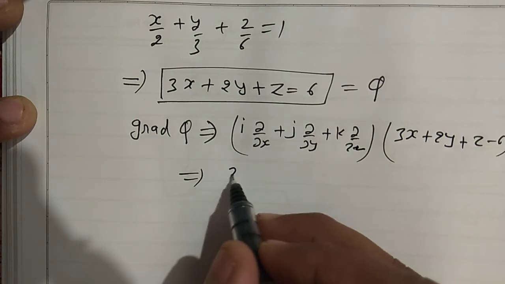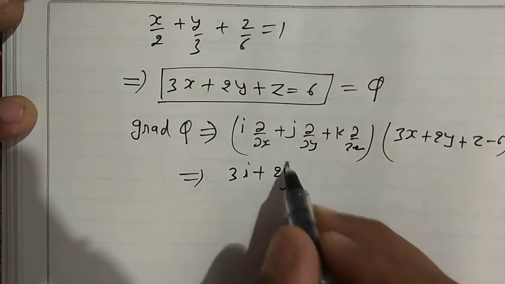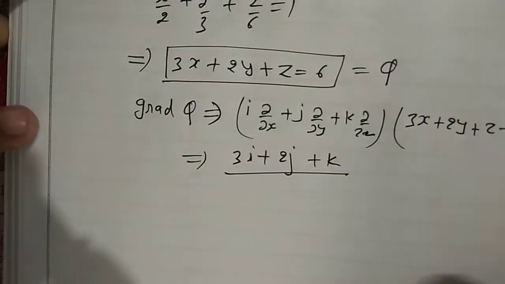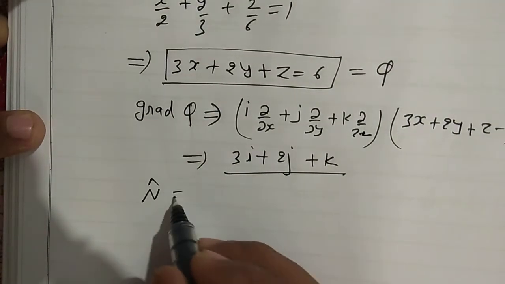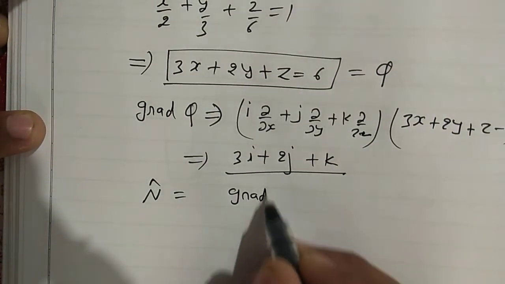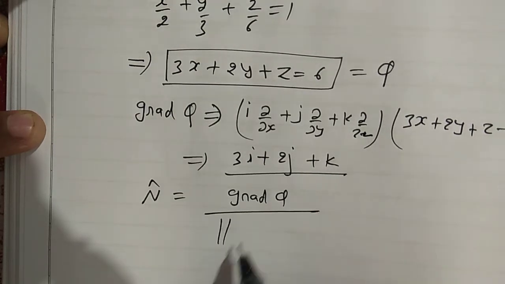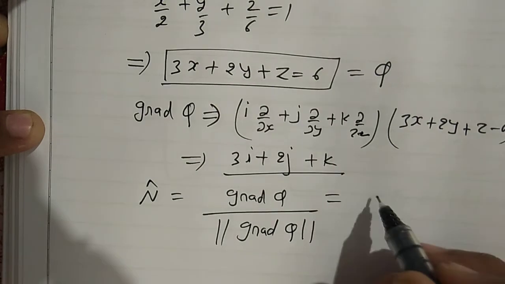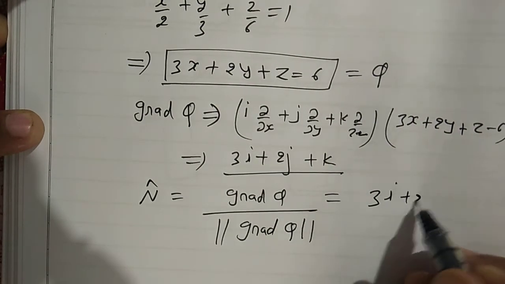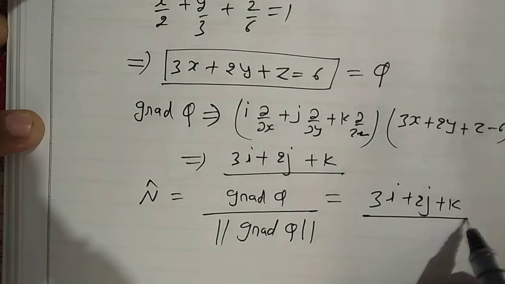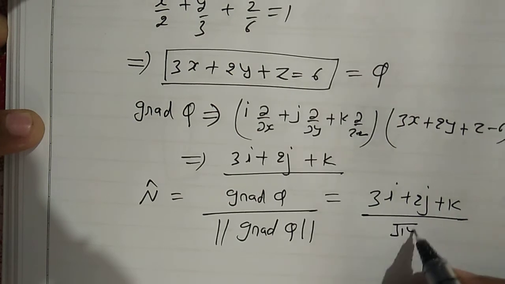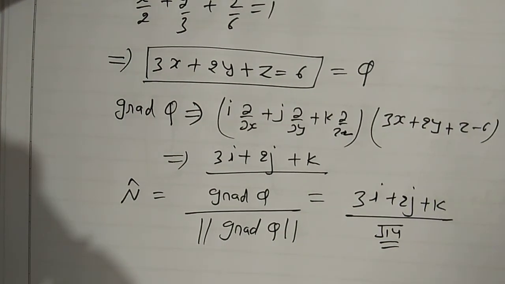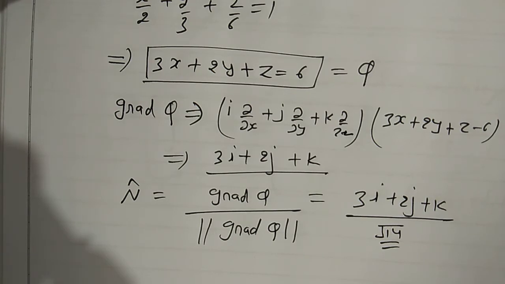So we get 3i plus 2j plus k. This is your grad of phi. So capital N equals grad of phi divided by modulus of grad of phi. So we have (3i plus 2j plus k) divided by root 14. So this is your capital N. Now we have curl of F and N.